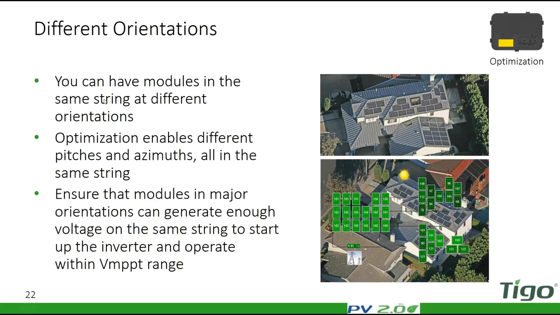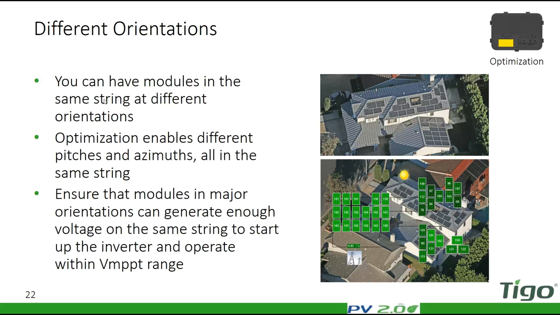Different orientations. Basically, the examples speak for themselves. Many times we're getting the question, how different can the orientations be? The answer is as different as you want. So you can do east-west, you can do south and east, south and west, whichever combination that you see fit will work.